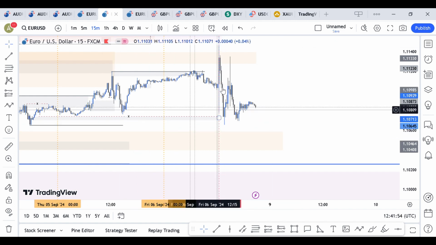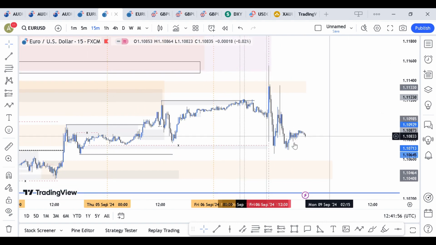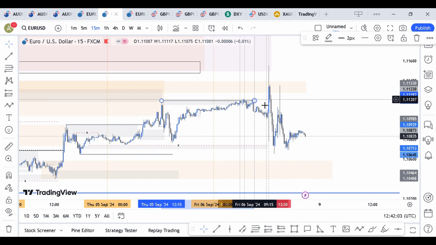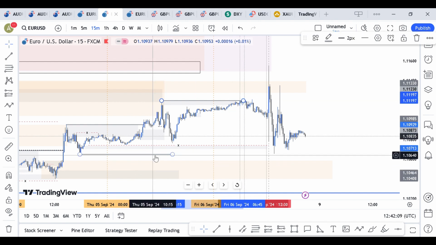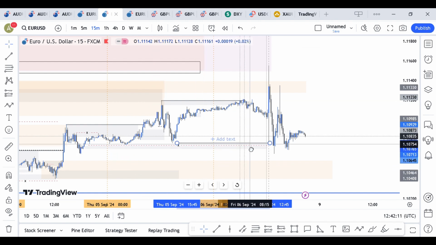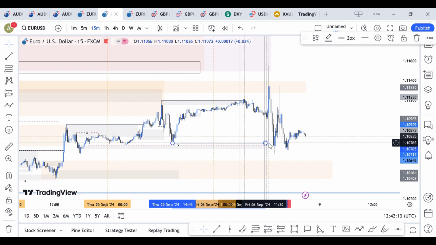So when it came down, went back up again, then it came down again. So this is how I'm going to view it.